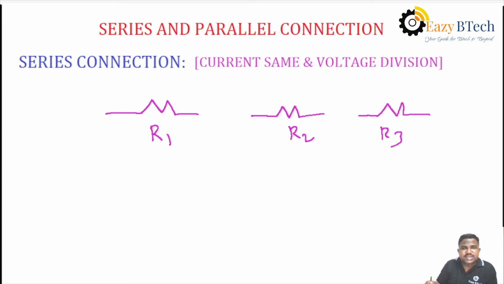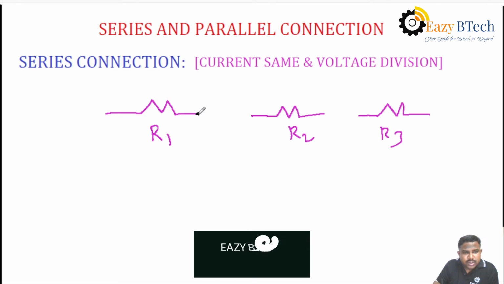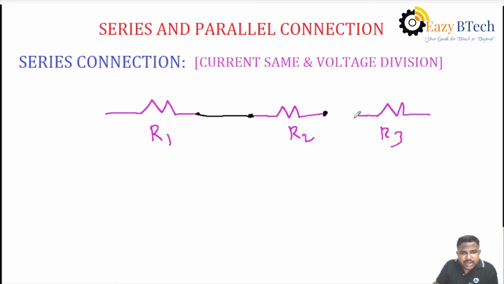Then, what is series connection? The second endpoint of the first element is joined with the first ending point of the second element. Similarly, the second endpoint of the second element is joined with the first ending point of the third element. If R1, R2, R3 are connected side by side without any intermediate node, that connection is called the series connection.